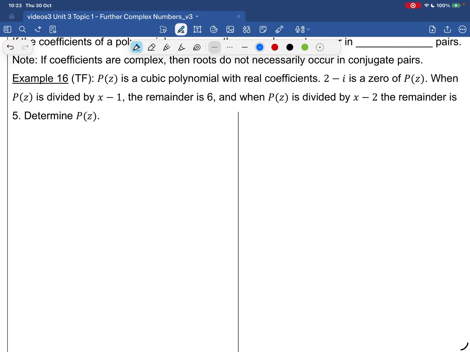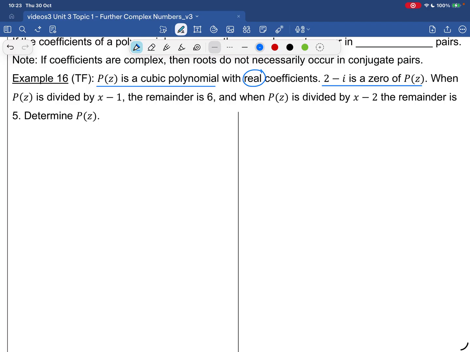Don't get stressed out by this. It's actually pretty cool. So it says here, P of Z is a cubic polynomial. Okay, got real coefficients. That word's important because they're telling us that 2 minus I is a zero of P of Z. So that means that 2 minus I is a factor.